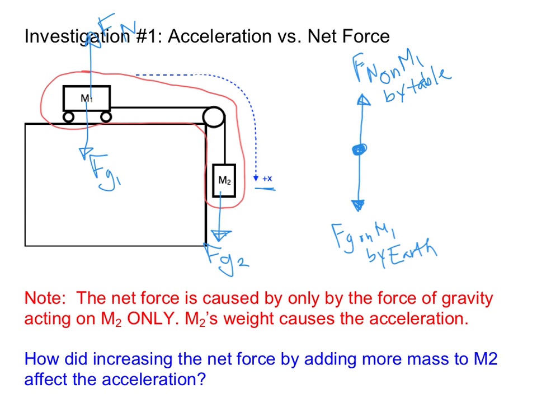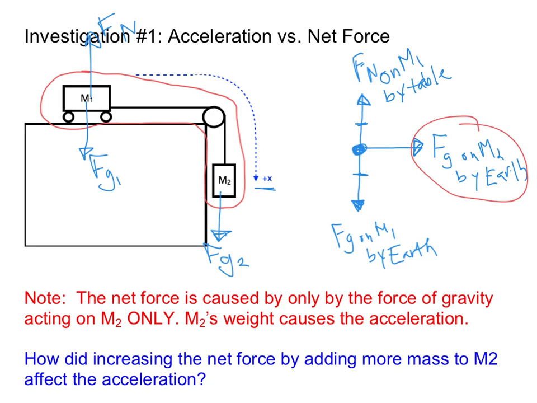It's actually a track. And we know that these forces are balanced because the system is not accelerating in the y direction. However, it was accelerating in the x direction due to the force of gravity on M2. Okay, so what we do know is that this is the reason that the system was accelerating. So it was the net force.